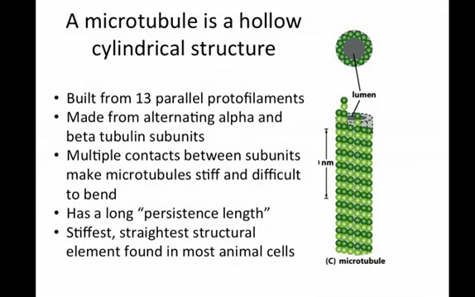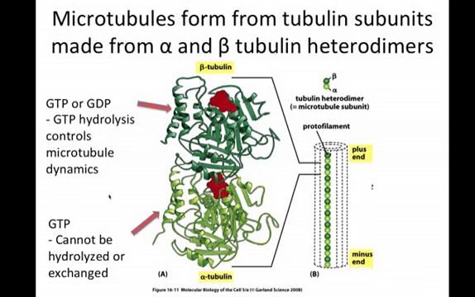Okay, so a microtubule is a hollow cylindrical structure, and it is built from 13 parallel protofilaments. We just looked at one, this alpha beta binding of your tubulin dimers.